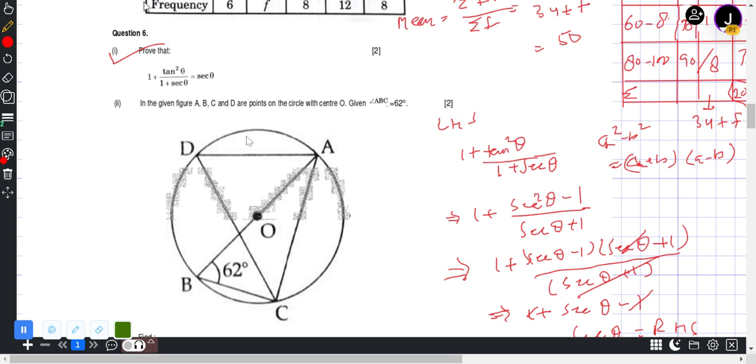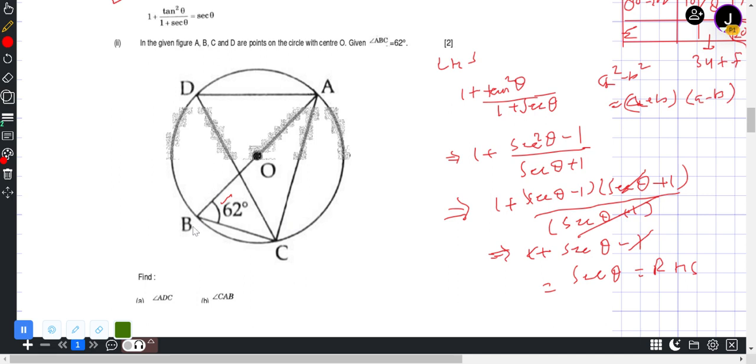Now next: in the given figure A, B, C and D are points on the circle with center O. Given angle ABC is 62 degrees, this angle is given. Next we have to find angle ADC.